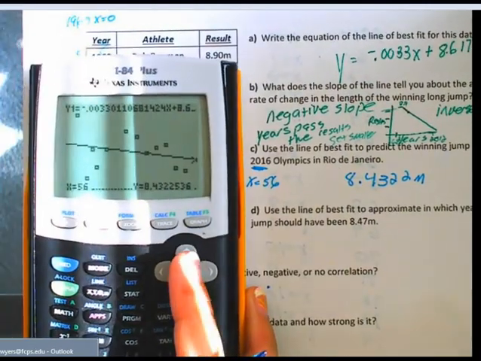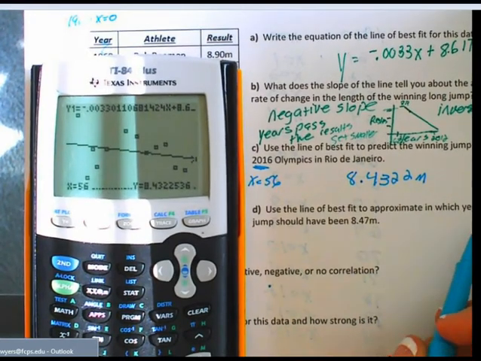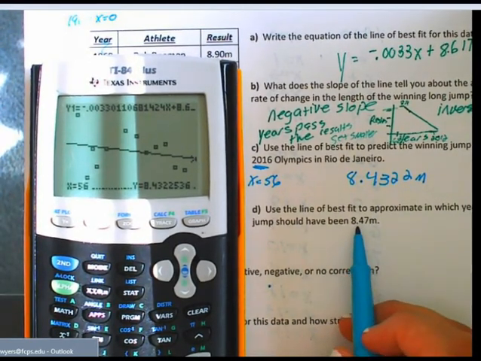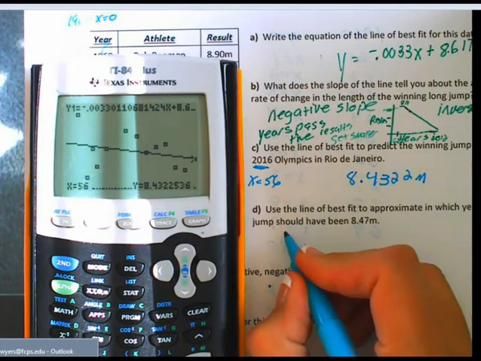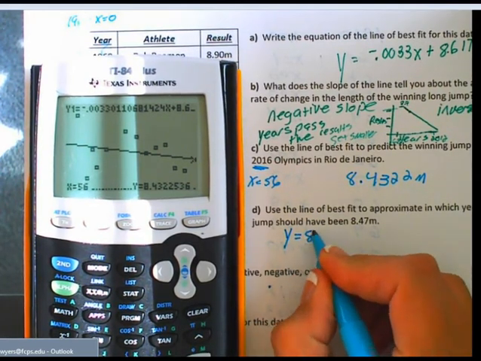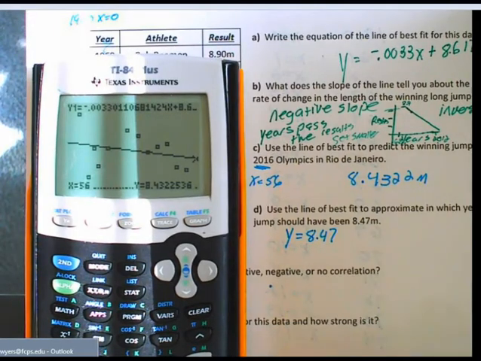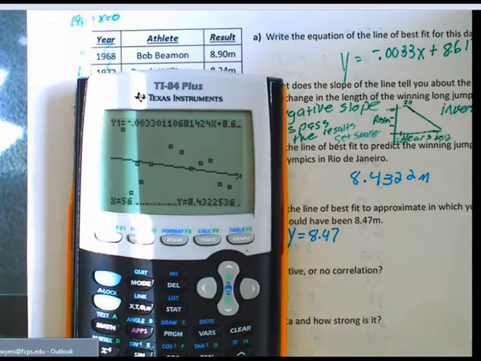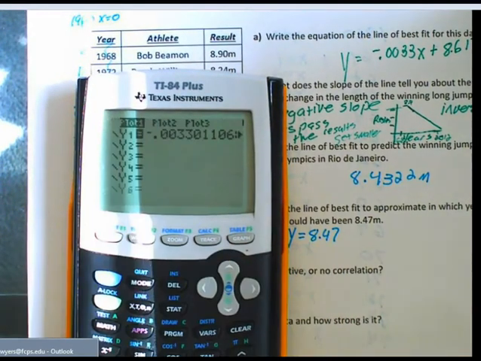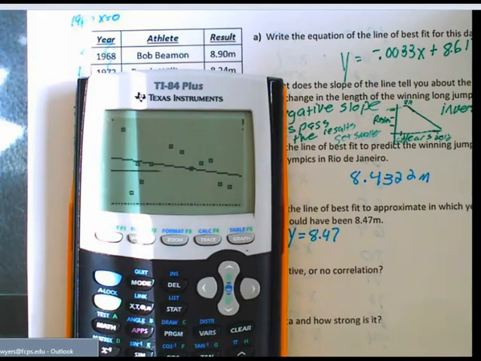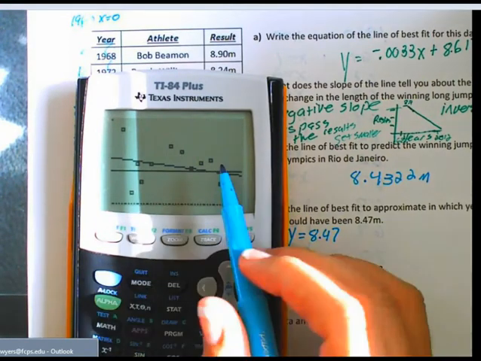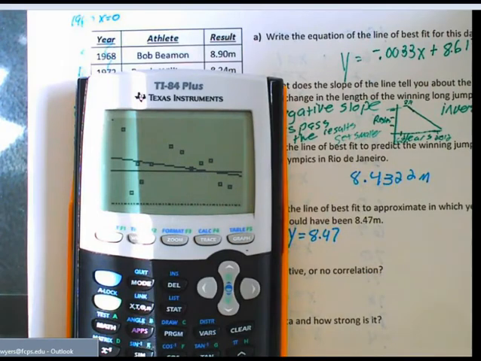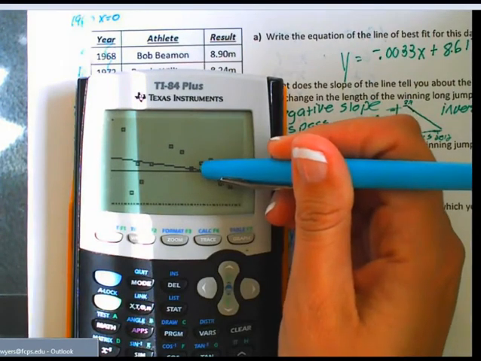The next one says use the line of best fit to approximate in which year the jump should have been 8.47. This one is a little different because I'm saying y equals 8.47. When you have a y value, you can't use that calc button, so you go into y equals and enter y equals 8.47. Then we go back to the graph. Basically, you're looking for where y is 8.47. The x value is going to be where that intersection is.